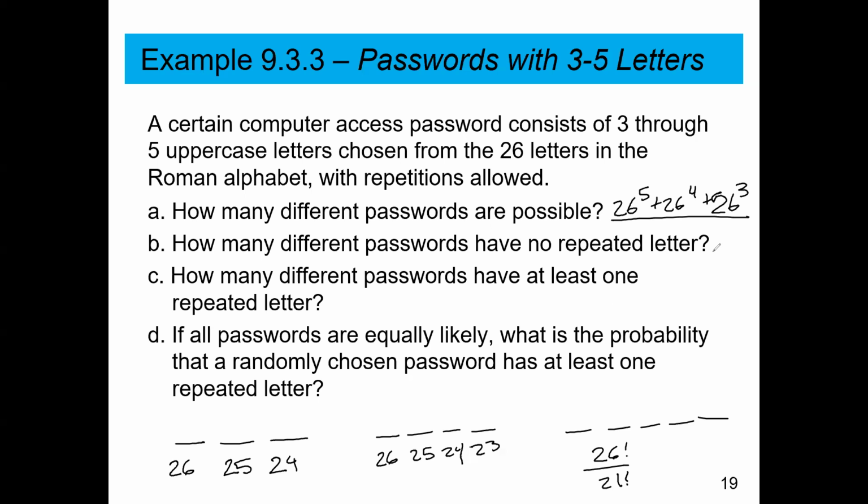And so our answer for this problem right here is going to be 26 factorial over 21 factorial plus 26 factorial over 22 factorial plus 26 factorial over 23 factorial. Because again, I'm simply cutting off and taking all the values from 23 down, which is 23 factorial. And so we're dividing. Recognizing that division is going to help you with later concepts as we build this out and understanding why different formulas actually work.